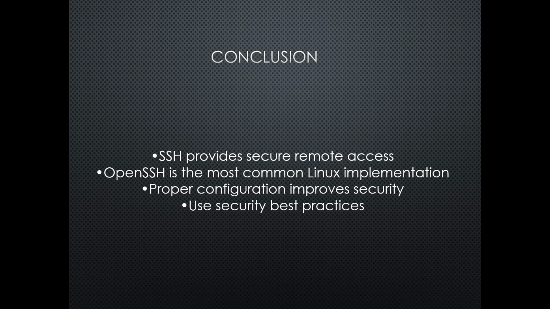Disabling root login, using SSH key authentication, and changing the default port, all three methods mentioned earlier, are effective ways of protecting SSH servers from common attacks. Implementing these best practices can help maintain the confidentiality and integrity of remote connections.